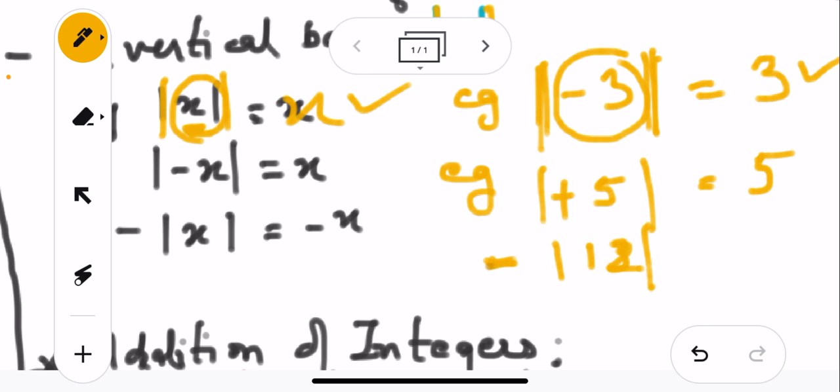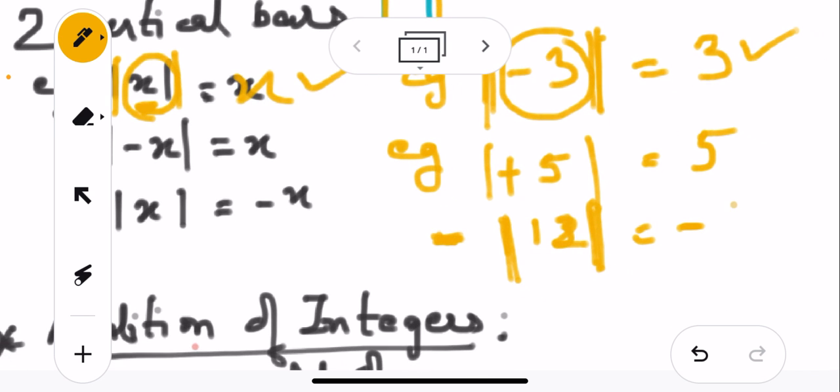Now this minus sign is outside the bar, so I will write this minus sign as it is, and the absolute value of 12 will be 12. So my answer will be minus 12. So remember that when the negative sign is outside the bar, you have to write the negative sign as it is, and whatever number is given inside these bars, we will write the absolute value of it.